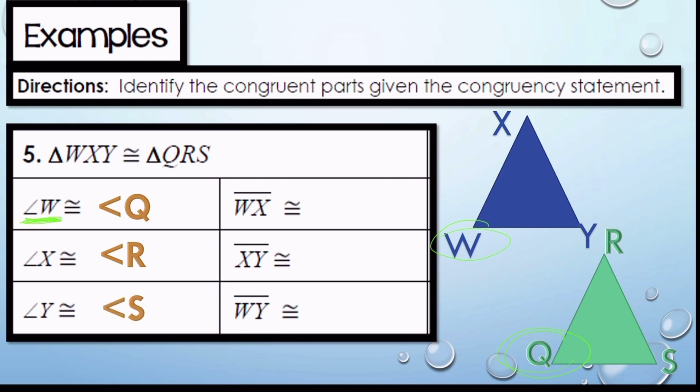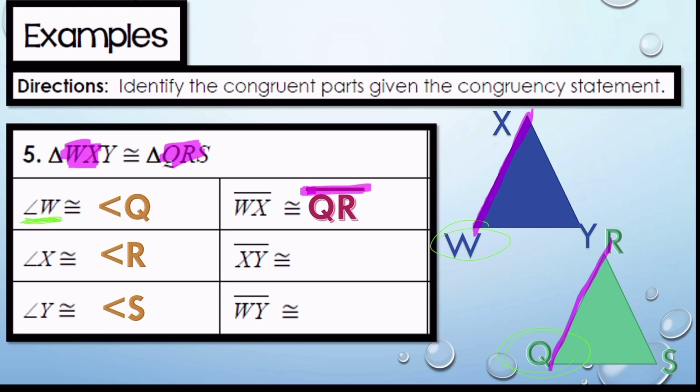Now it's important to understand the next part. We are looking at the line segment W to X. If we match that, do you see how W and X are right next to each other here? Well, let's look here. Q to R, match that. But notice what I have here.